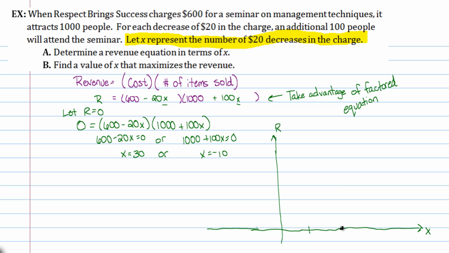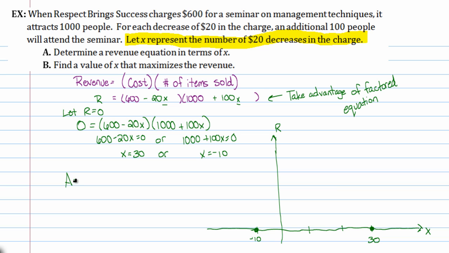This is the first time you're seeing something like this, and so I want you to see what the effect is. So I have an x-intercept at 30, and I have an x-intercept at negative 10. Remember, these are symmetric points on a parabola, so halfway between these two things should be the vertex, or the axis of symmetry.